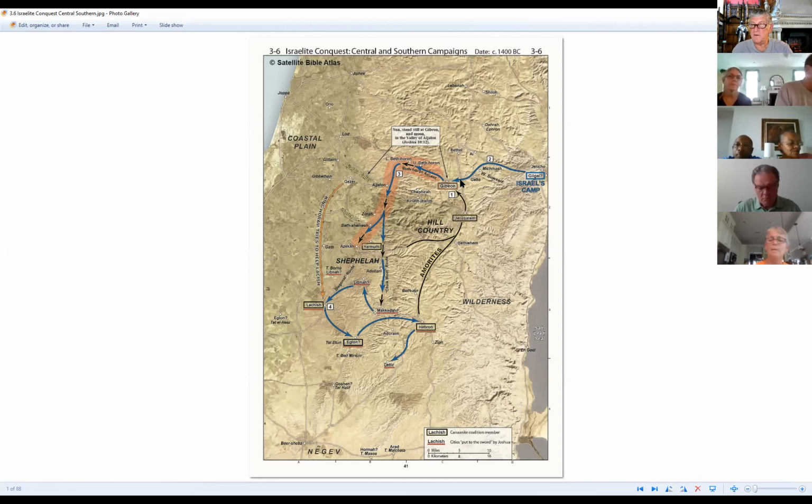Joshua 10, 12 through 14. On the day that the Lord gave the men of Israel victory over the Amorites, Joshua spoke to the Lord. In the presence of the Israelites, he said, "Sun, stand still over Gibeon. Moon, stop over Ajalon Valley." The sun stood still, and the moon did not move until the nation had conquered its enemies.